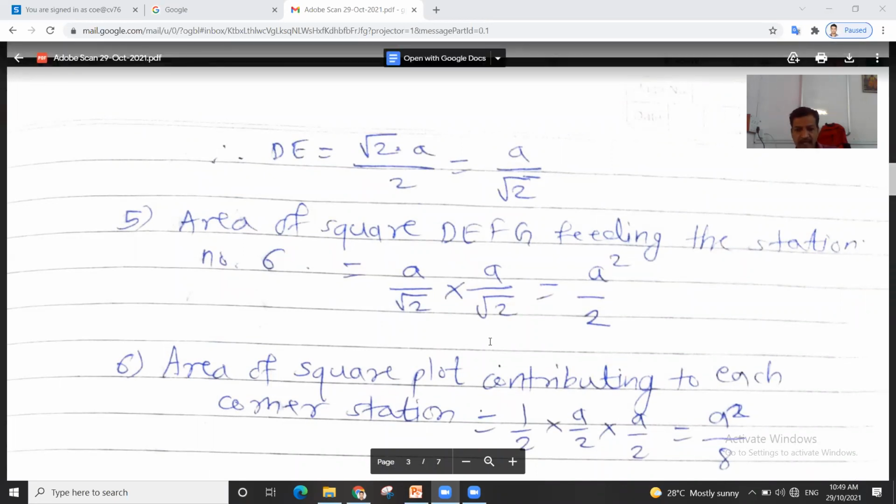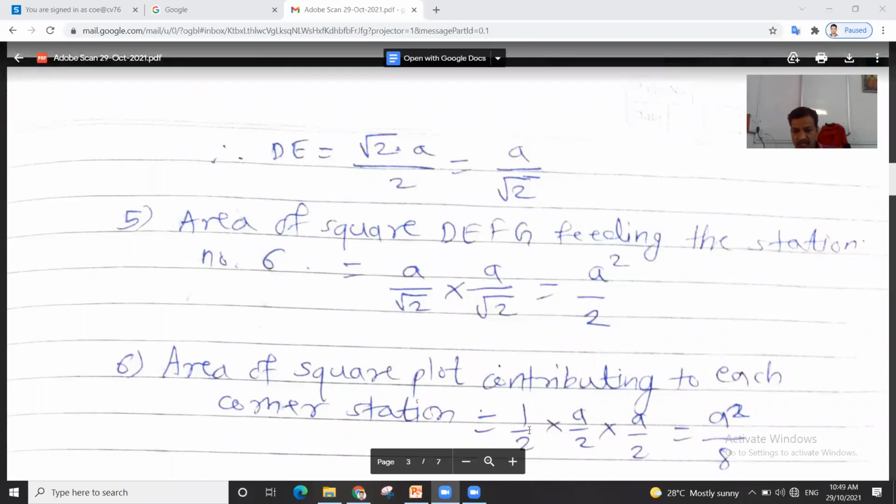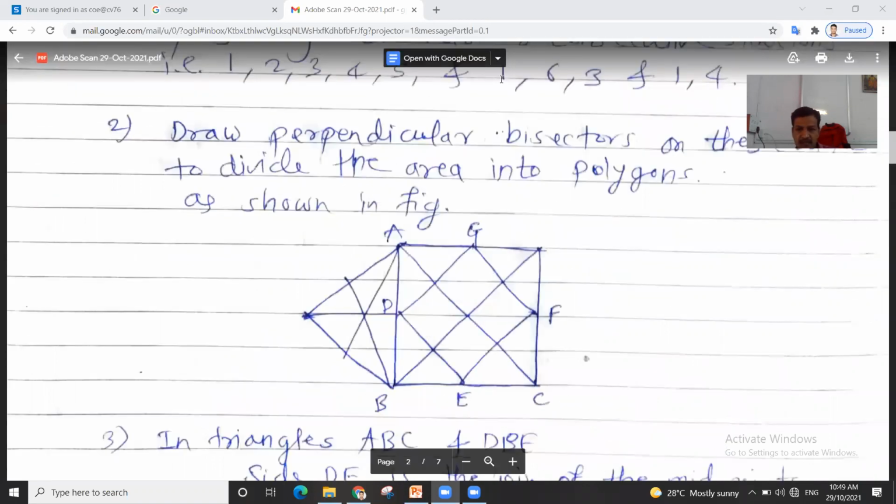The side is A divided by 2, a/2, a/2. Multiplying this we get a²/8. Here what is this side? a/2, half of AB is a/2.